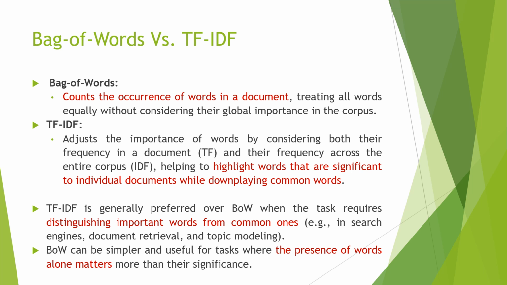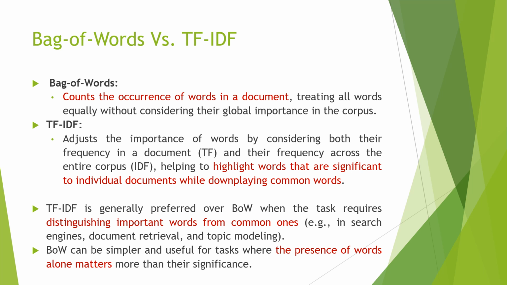Whereas TF-IDF adjusts the importance of the words by considering TF and IDF scores. It helps to highlight words that are significant to specific documents and downplays common words which occur across documents. And word embedding also captures important relationships between words.